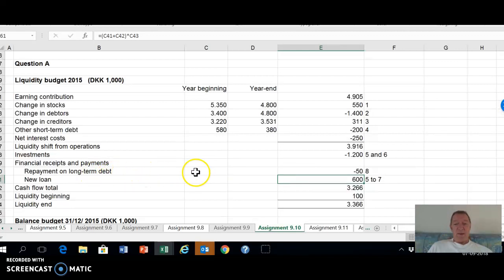And then we repay 50 on long-term debt. So the total cash flow during this year is 3,266. We had 100 in cash beginning of the year, so we end up with 3,366.